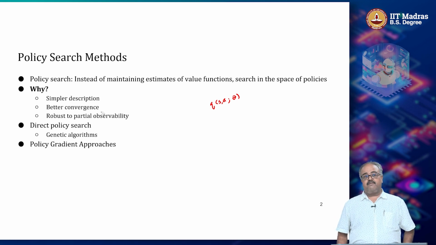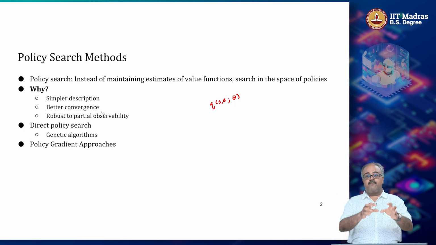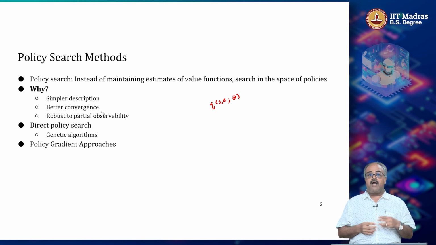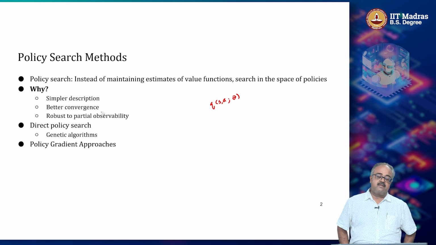So, therefore, policy search methods or policy gradient algorithms are preferred in the setting of function approximation. When anyway the problem is so large and I am not able to represent things explicitly, I would prefer to go for approximations. Then policy methods are more robust, right.